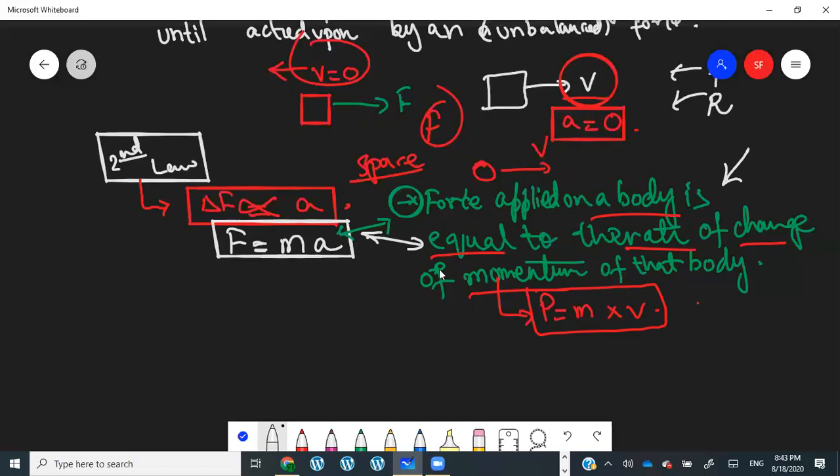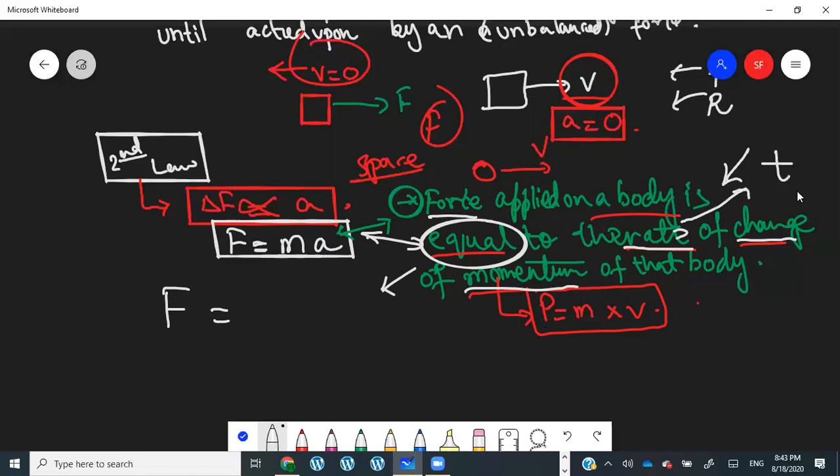This Newton's second law can be written in mathematical form as well. Newton's second law says that the force is equal to the rate of change of momentum. What is rate? Rate means anything with respect to time. Change of momentum means the change in momentum with respect to time.